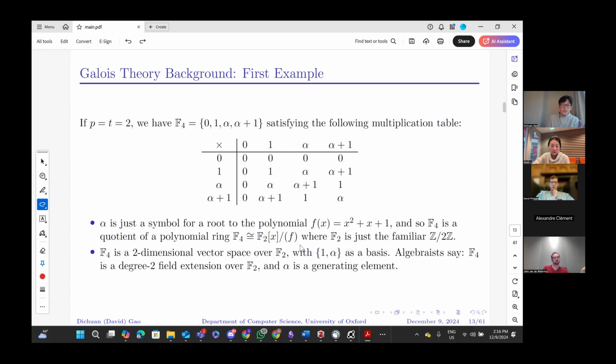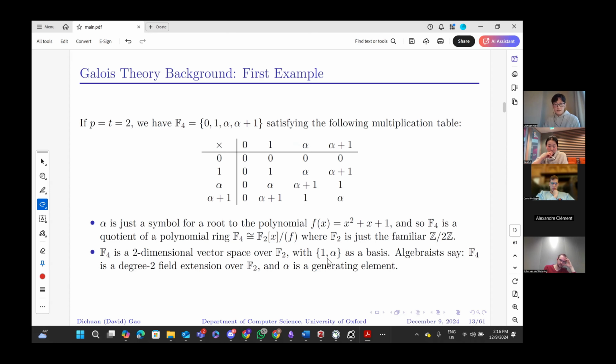Okay, so that's one way to think about what alpha is. So alpha is not really a number in the usual sense. It's a symbol for a root. Another way to think about F_4 is that it's a two-dimensional vector space over F_2. And a basis for this two-dimensional vector space would be 1 and alpha.